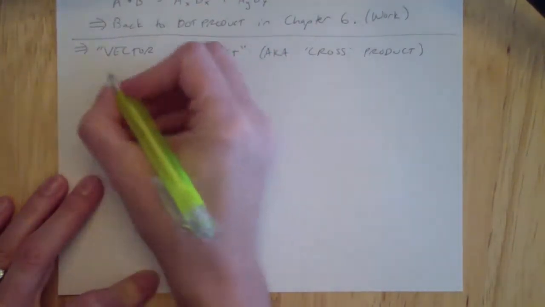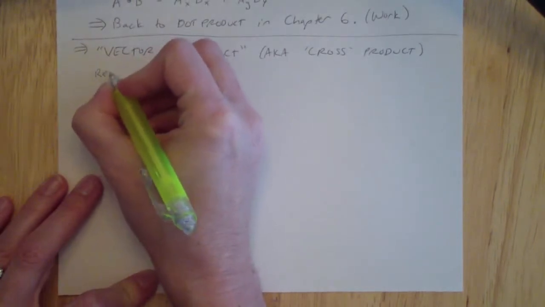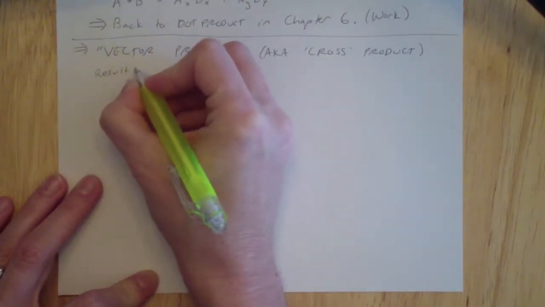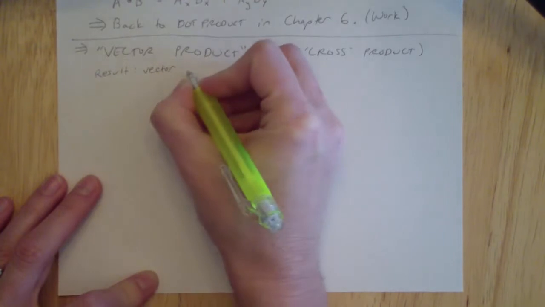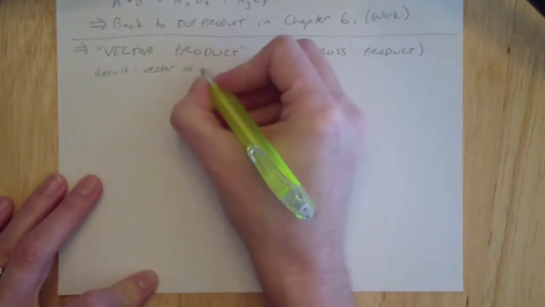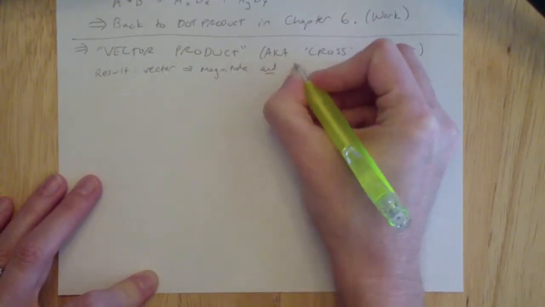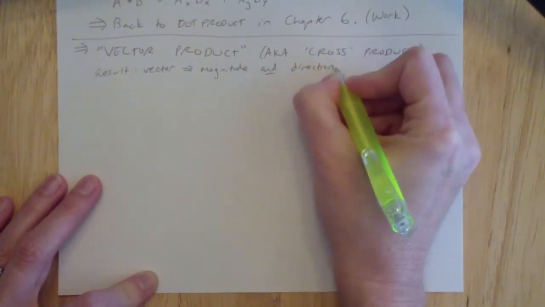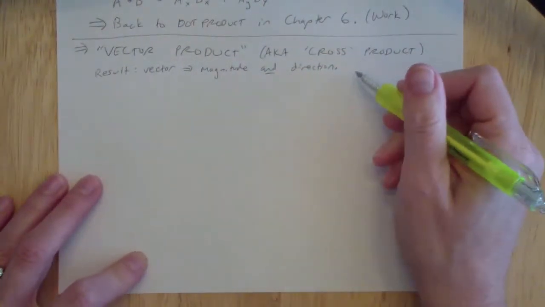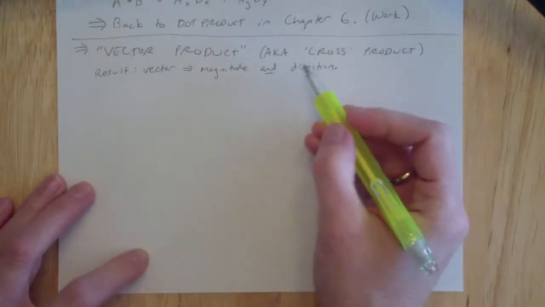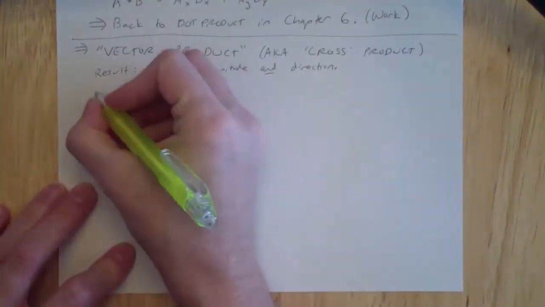All right, so first let's talk about the result is a vector. So if we remember, that simply means that it's going to have a magnitude and a direction. Now with the vector product, in order to discuss it, we have to talk about the magnitude and the direction separately.